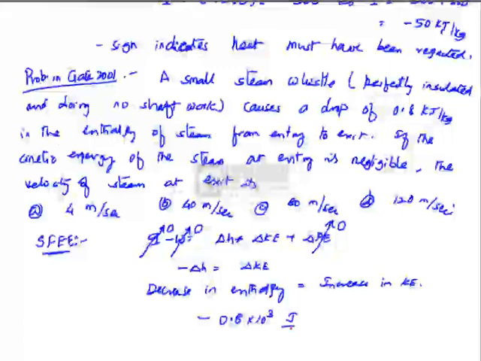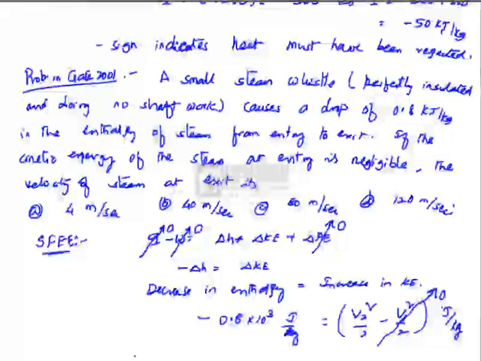We have to convert enthalpy in kilojoules into joules. Then only units on the right side and left side will get satisfied. V2 square by 2 minus V1 square by 2. That is a change in kinetic energy in joule per kg. Because inlet velocity is neglected, V1 is taken as 0.